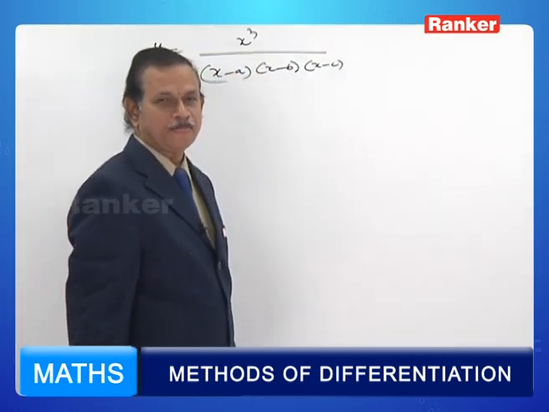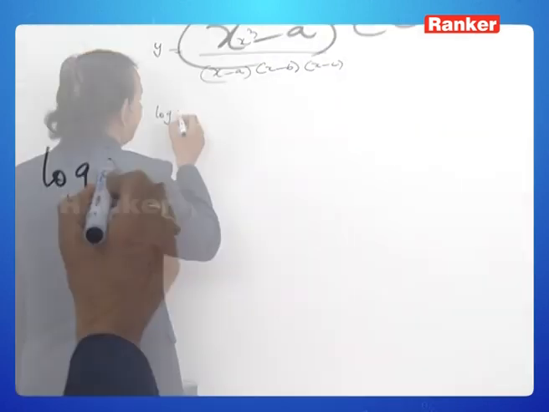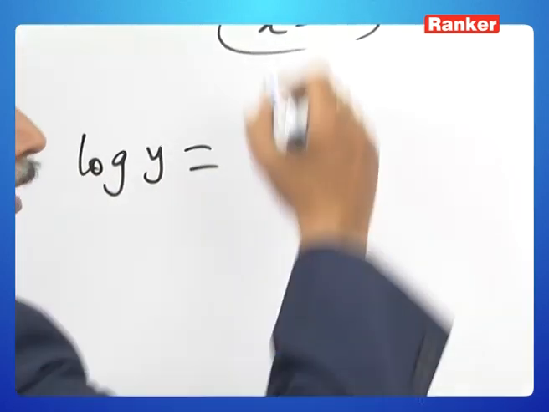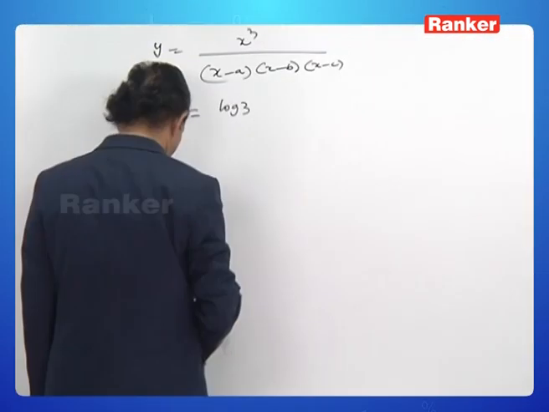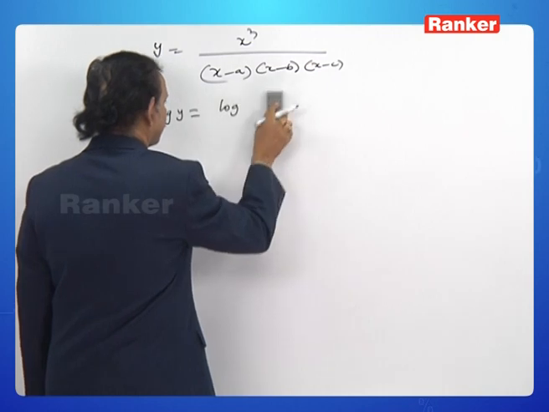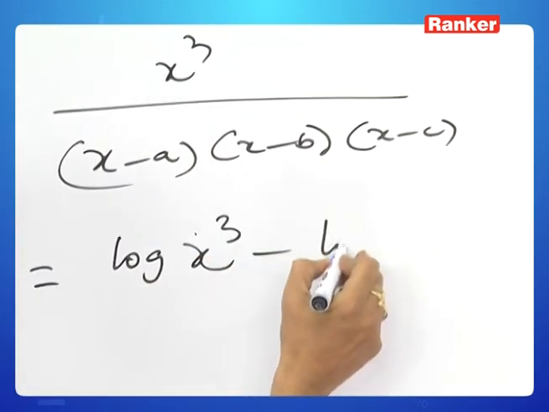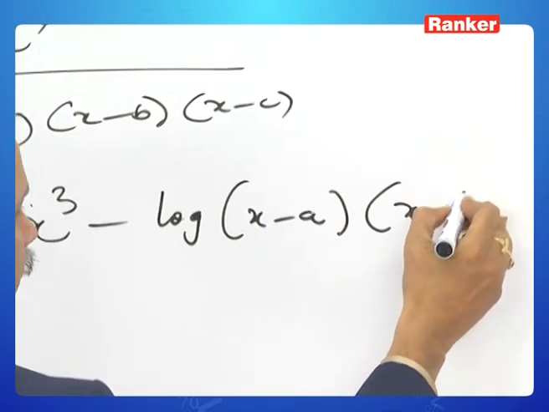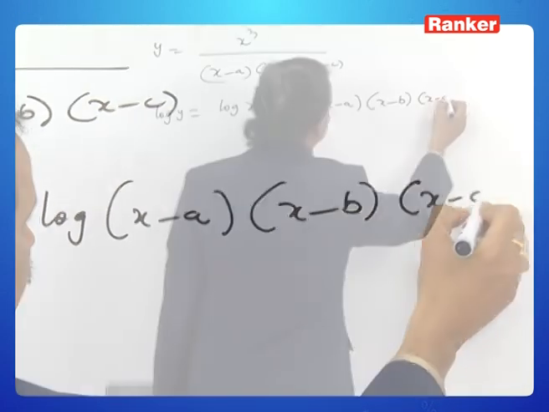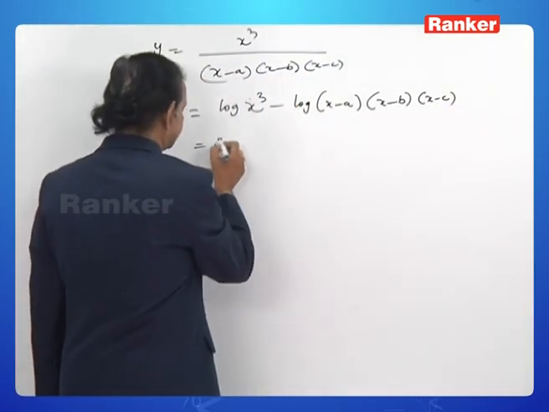This is our y. Let's take logarithms on both the sides. What is going to happen? Log y is equal to log of x cube, minus log of the denominator terms.